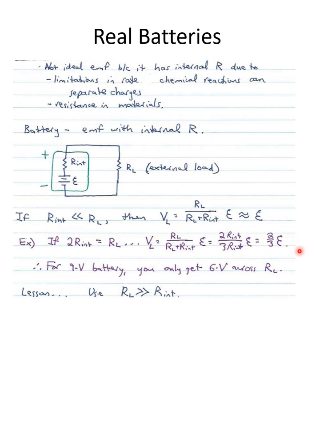And that is pretty significant, that it's not simply the electromotive force, but rather, based on some internal resistance in the battery, the voltage drop is only 2/3, which means for a 9-volt battery, you only get 6 volts across the load.